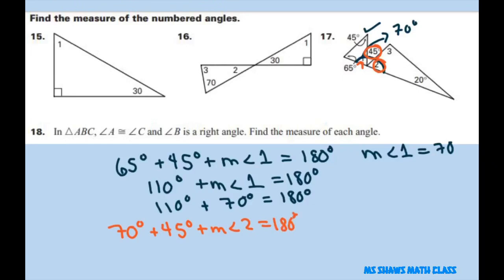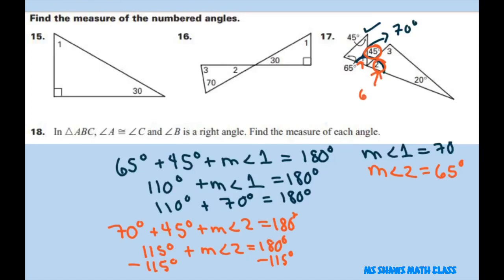So 70 plus 45 is 115. Subtract 115 from both sides, and you get your measure of angle 2. And that's going to be the measure of angle 2 equals 65 degrees. So this is 65 degrees.